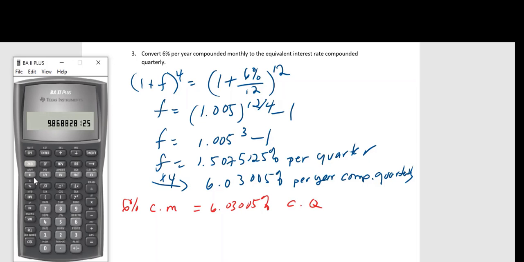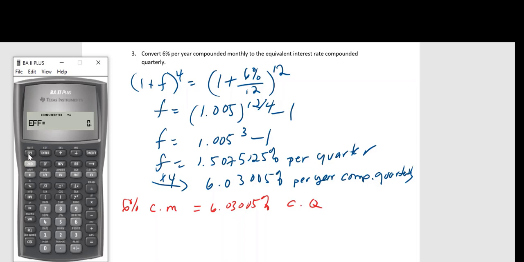Let's use our calculator. Press clear. We'll start from the beginning. Second function, interest conversion. Let's clear our menu. Second function, clear work. We want to convert 6% compounded monthly. So press 6 under the nominal menu. Enter. Up arrow. Compounded monthly. We change the compounds per year to 12. Press enter. Up arrow.